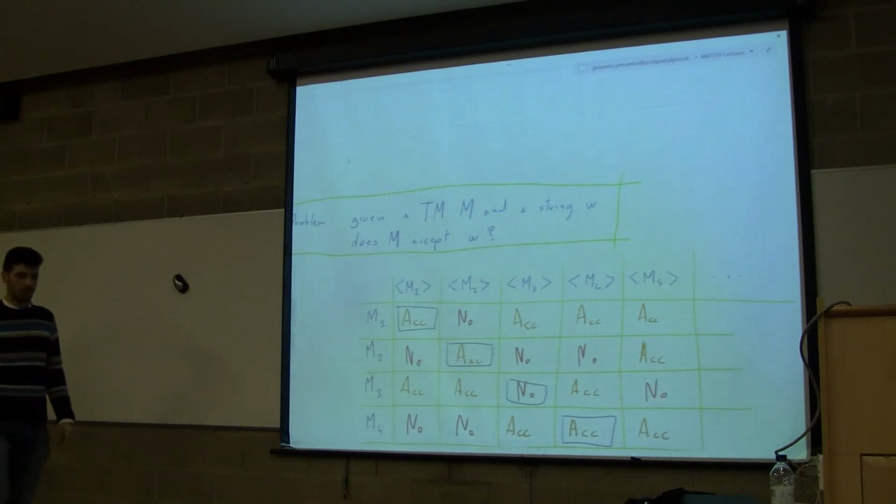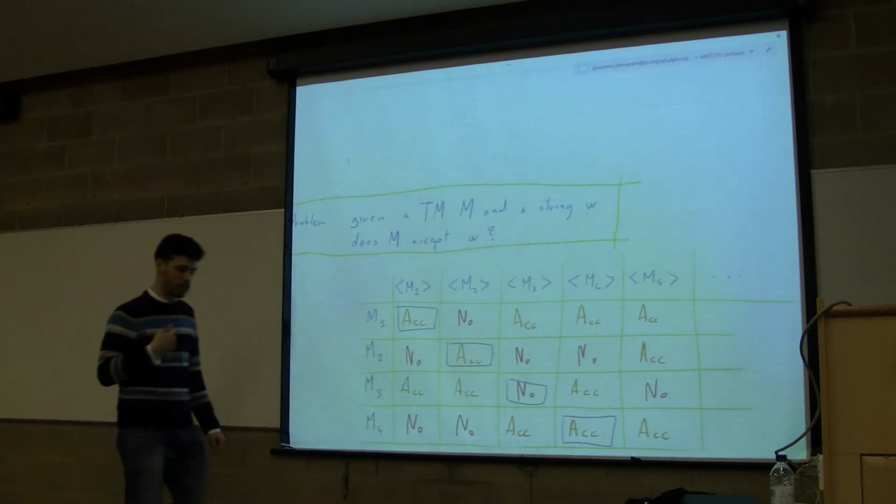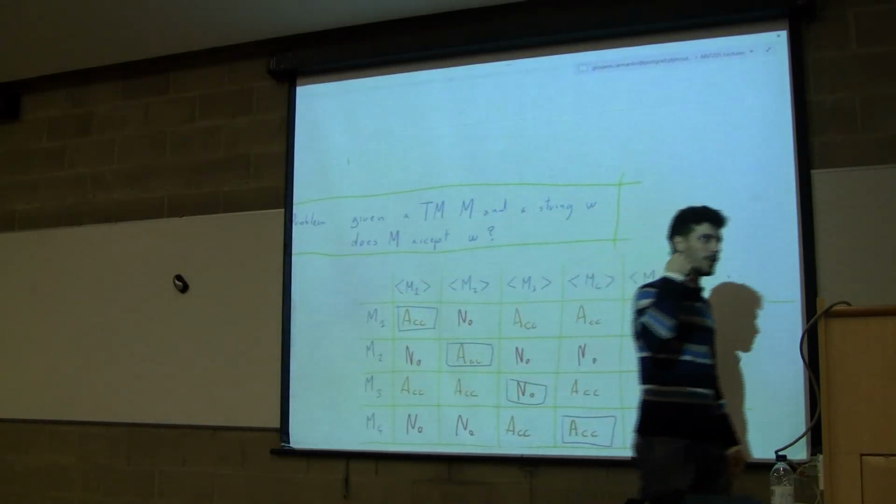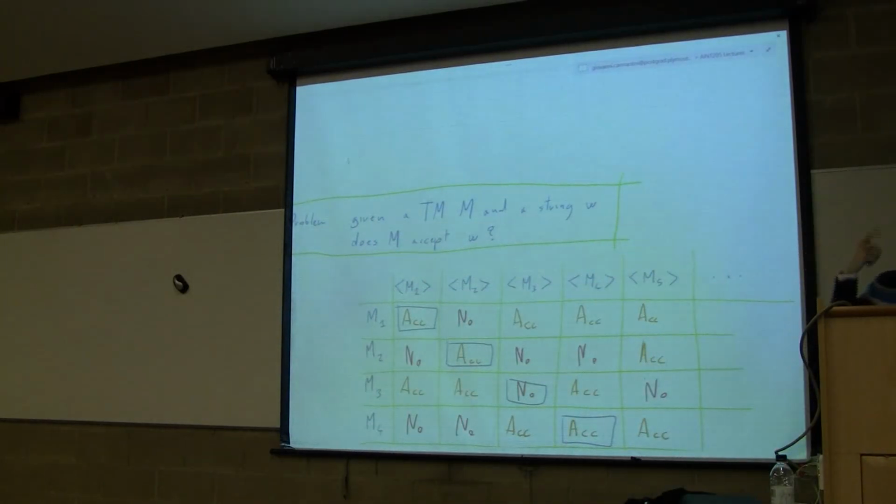From a programmer's perspective, as soon as you hear this problem, you should try and make up a solution. But it cannot be solved. It's undecidable. So if you think you have a solution, you're just wrong.